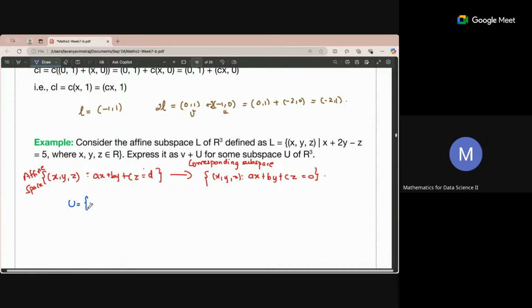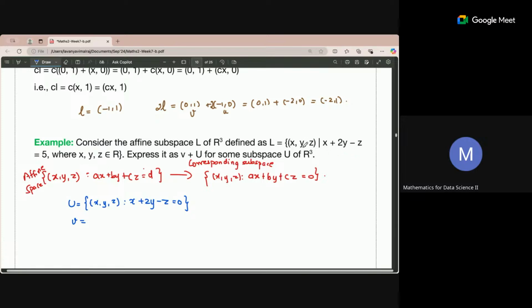So obviously you know what is your u. It is the set of all (x, y, z) such that x plus 2y minus z is equal to 0. What is your v? For v, it is very easy to choose (5, 0, 0). So you can make this as 5 and the other two as 0, or you can take (0, 0, -5), anything you can choose.